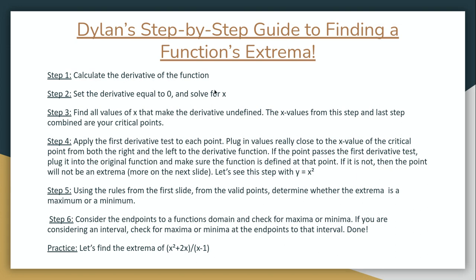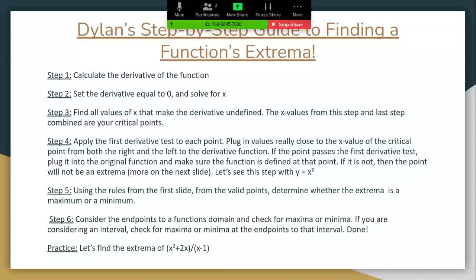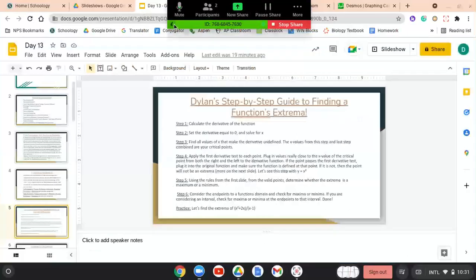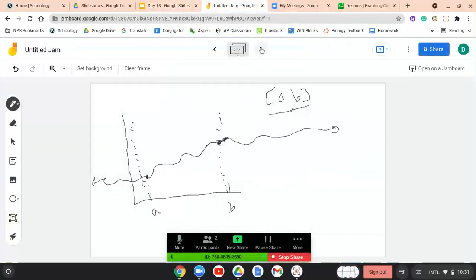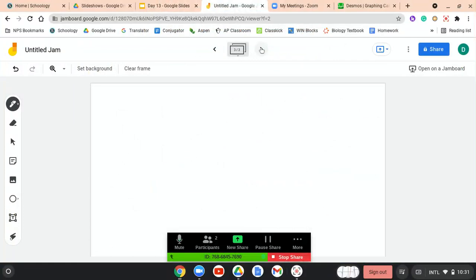All right, let's look at this step with y equals x squared, just so I can illustrate step 4 because it was kind of a mouthful. We're not going to draw the graph, and we're just going to try and find its maximum or minimum, imagining we had no idea what it looked like, using my step-by-step guide.